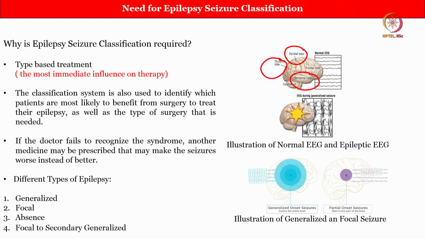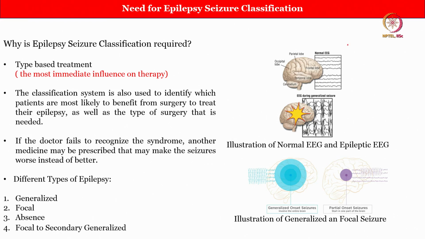The occipital lobe is exactly at the back, and it is used for visualization, and you have the parietal lobe here just before the occipital lobe, and then you have a central region, and of course the cerebellum. So, this is a very simple way of showing the brain structure.